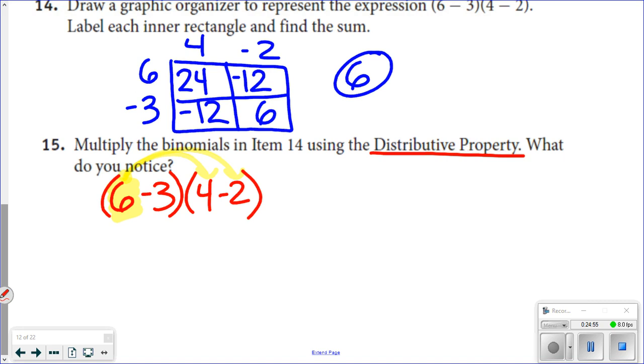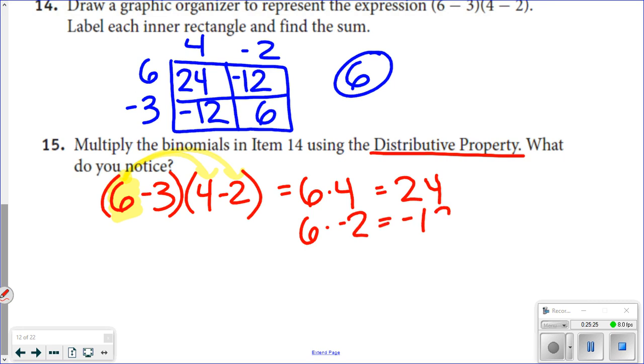So what this would look like is 6 times 4, what do we get? Six times negative 2. Oops. 6 times negative 2 is negative 12. So there's our first two numbers. 24 minus 12 is 12.